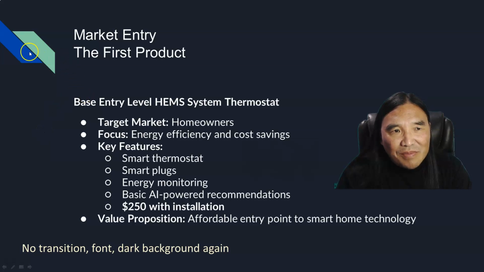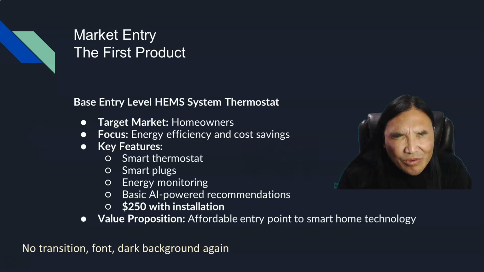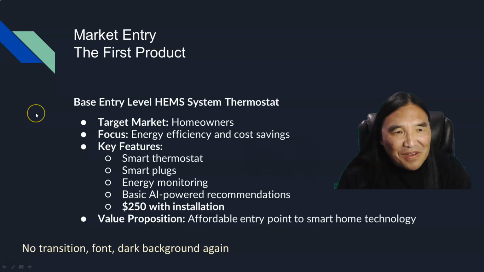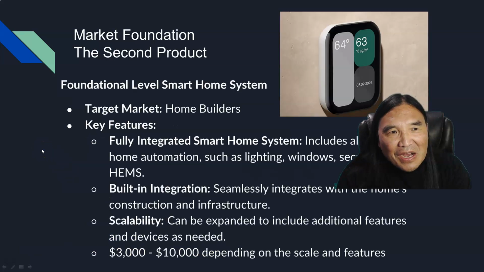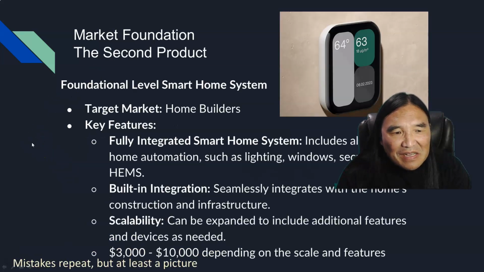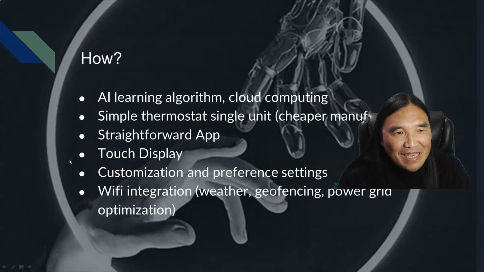There's no transition between the first slide and the next slide. The dark background, the problem with the dark background, and they keep using this cobalt bluish gray, is it's gloomy, and it's gloomy for everyone. And then once again, bullet points. Next slide. Well, at least they're consistent. They keep repeating the same mistakes, but at least they put a picture in this one to break it up a little bit.